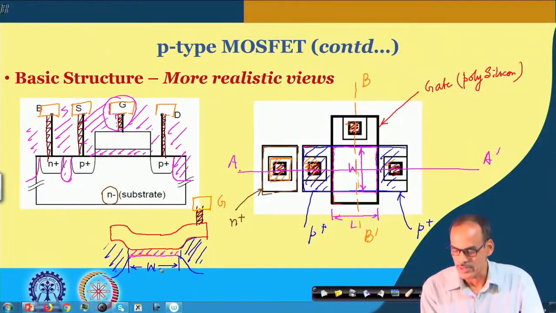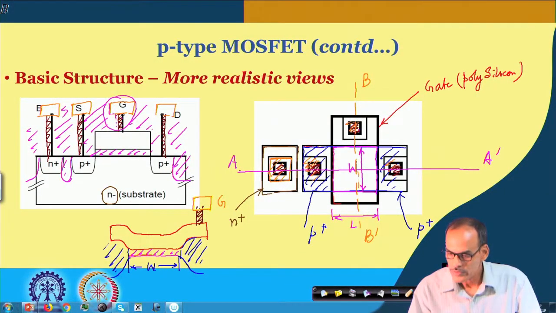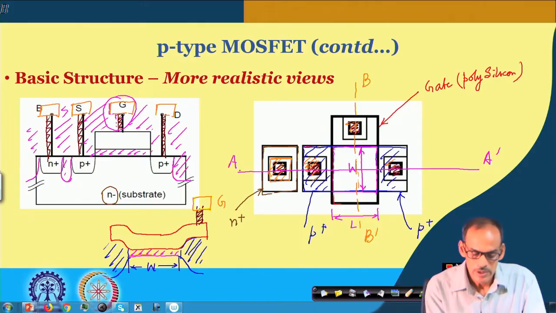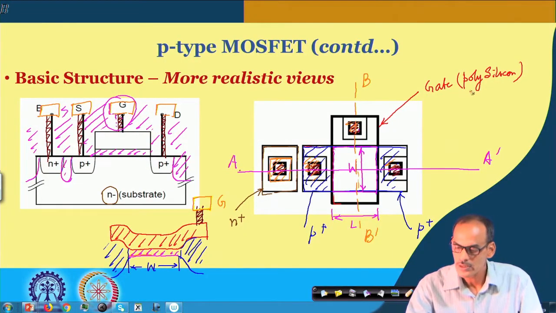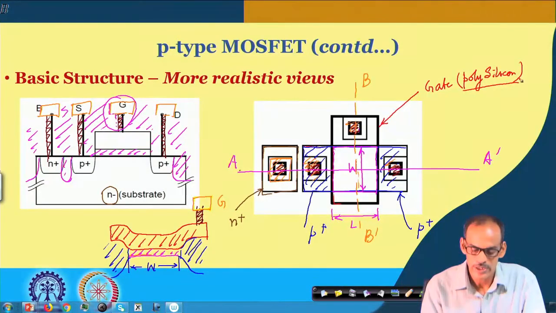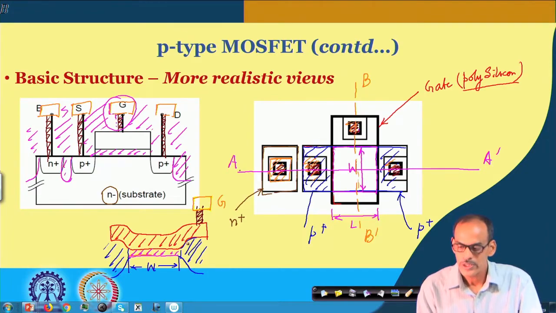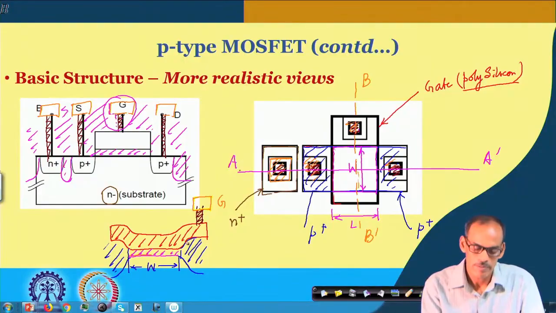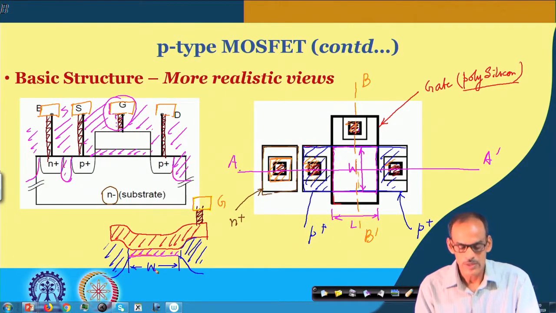And for historical reasons, this gate region earlier was metal, but because of better threshold voltage adjustment for n type and p type devices, it has been observed that it is better to keep this as polysilicon because of the work function difference of the metal to substrate. Anyway, I will not go into detail of that, but probably you can refer to any device course for that.